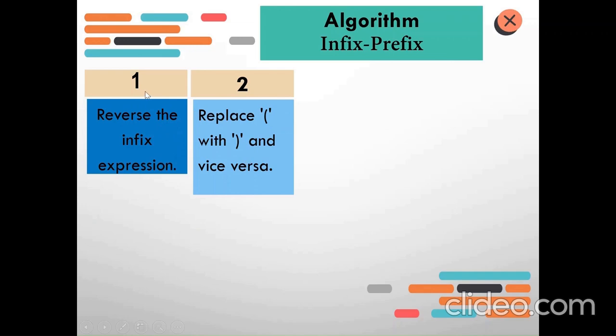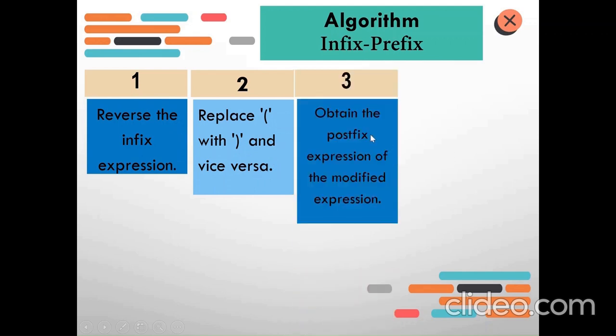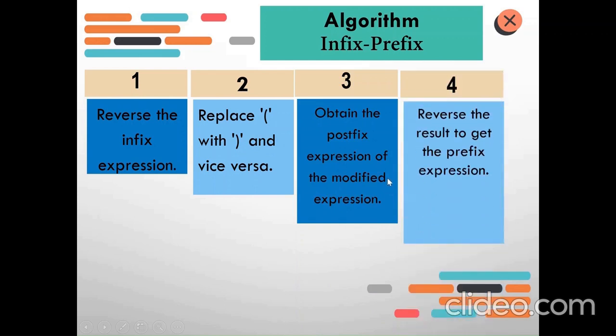That means whenever you encounter an opening bracket, you replace it with a closing bracket in the reversed infix expression, and vice versa. Then you obtain the postfix expression of the modified expression. And finally, you reverse the postfix array to get the prefix array or the prefix expression.